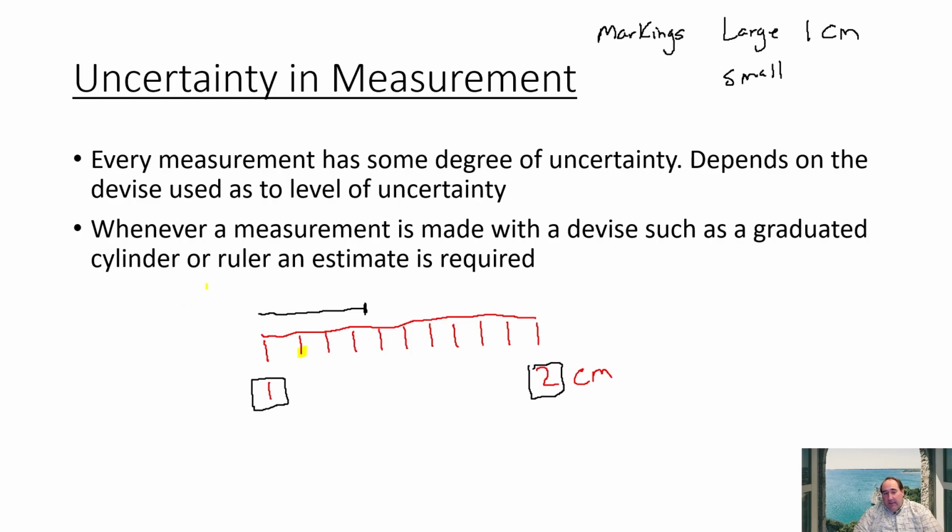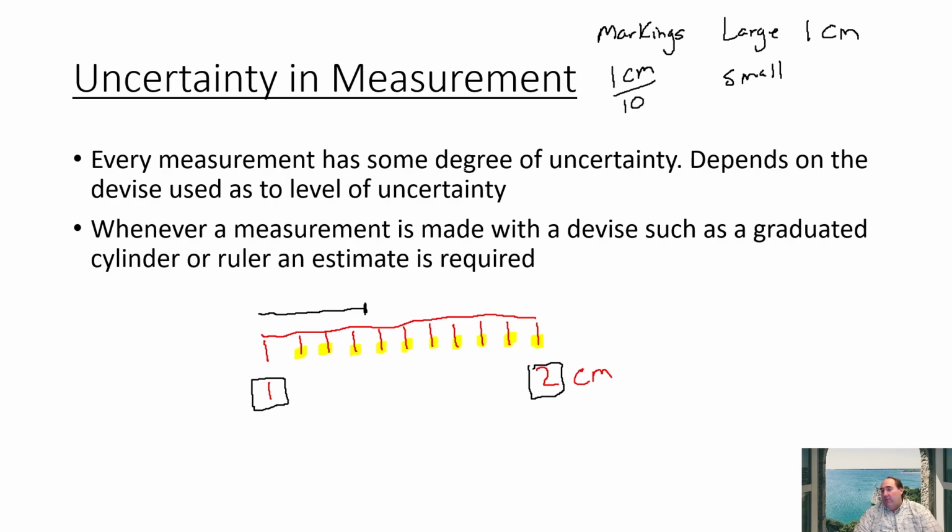So I'm going to start counting at the marking next to it, which is 1, 2, 3, 4, 5, 6, 7, 8, 9, and 10. And you want to stop counting once you get to the next large marking. So I actually have 10 small markings between the large markings.